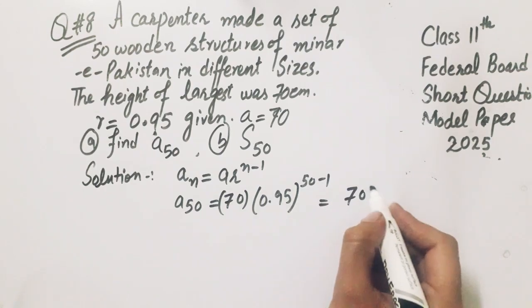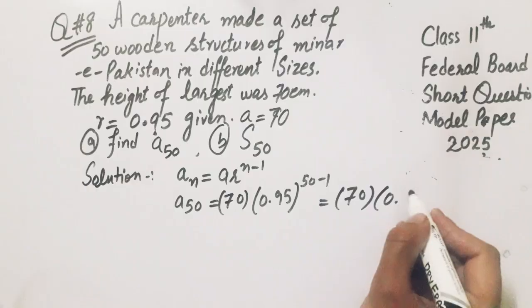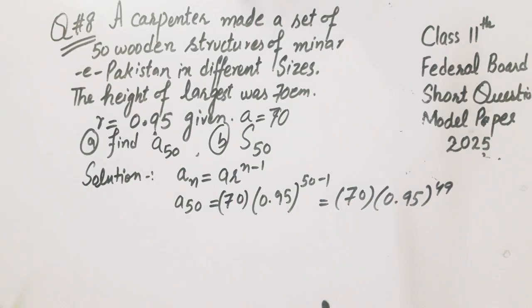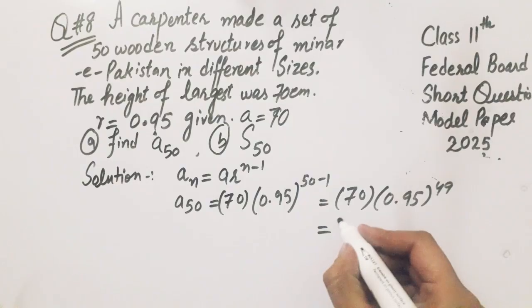So 70 into 0.95 to the power 49. By solving this with the help of a calculator, we get 70 multiplied by 0.95 raised to power 49, which is equal to 5.39 centimeters.